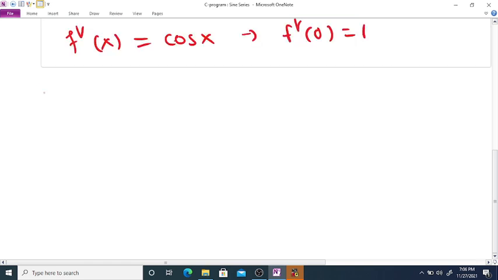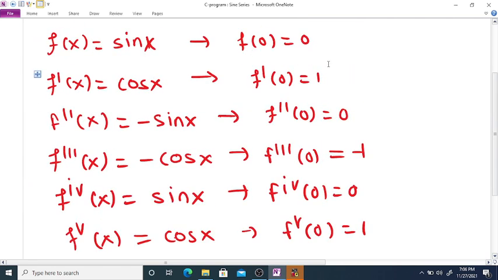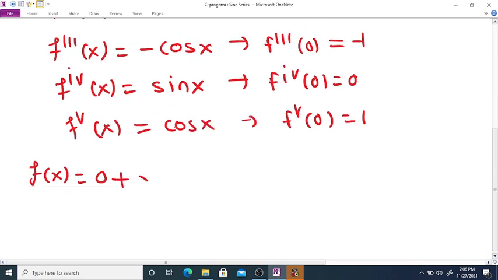is the f of x here? F of x is equal to f of 0, which is 0, then x f dash 0, so f dash 0 is 1, so here plus x into 1 plus x square by 2 factorial into f double dash 0.